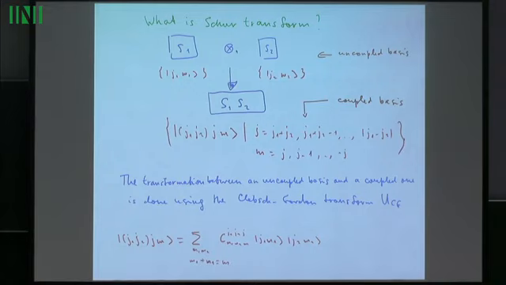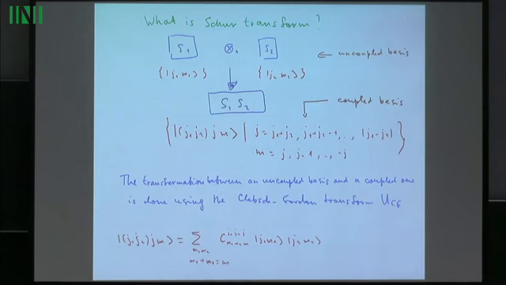A coupled basis of two qubits, each of them having basis J1 M1 and J2 M2, can be written with the help of this relation, and these are the well-known Clebsch-Gordan coefficients. So the matrix that takes you from here to here is a unitary linear transformation that has Clebsch-Gordan coefficients in various places.